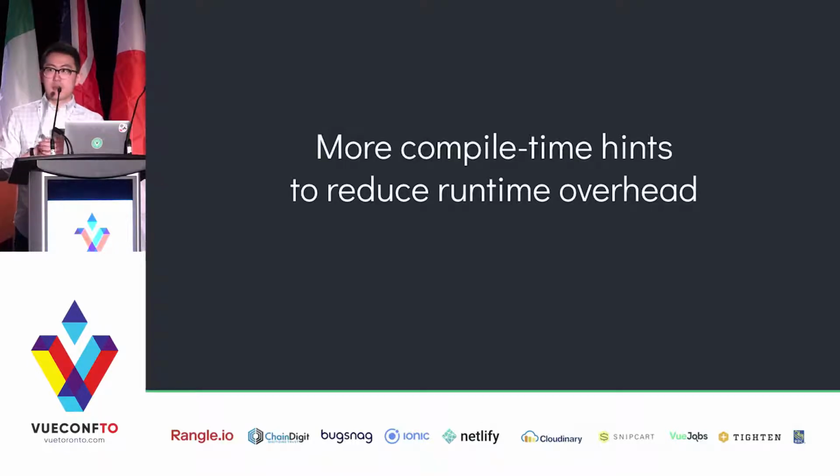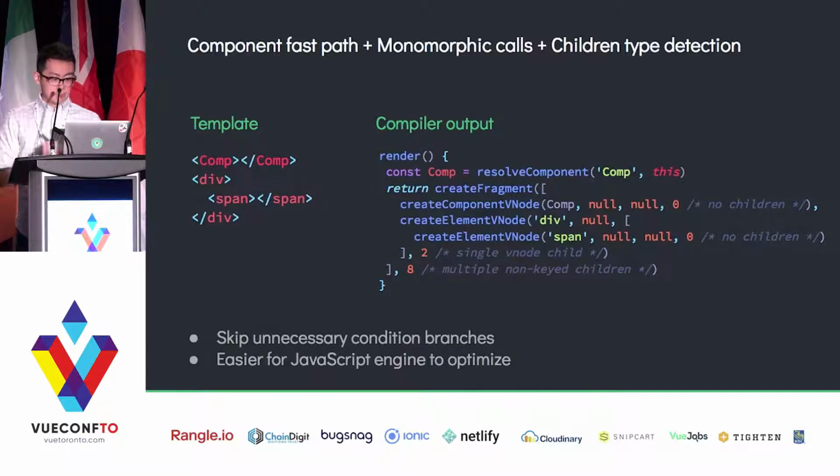So the compiler can statically analyze your template to extract information about what you intend to do, and then generate code that will be as efficient as possible at runtime. And because this compiler work is done at build time, all the work reduced at runtime benefits your users, so you're not incurring any additional cost for your actual runtime performance.